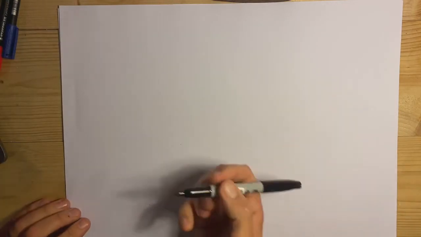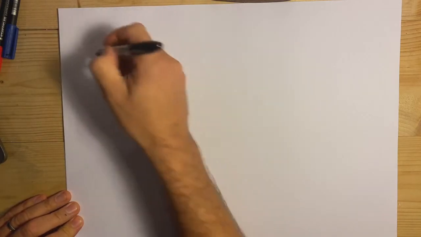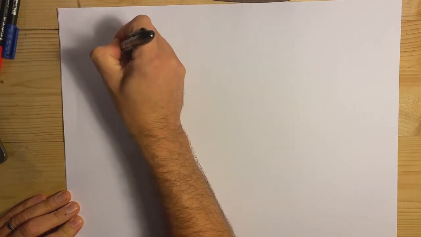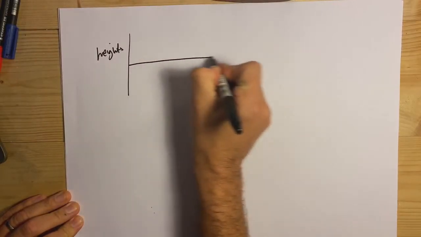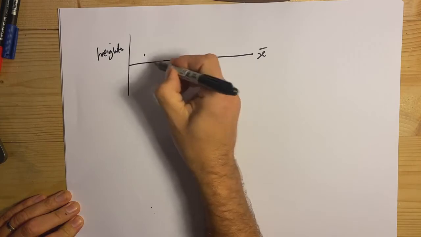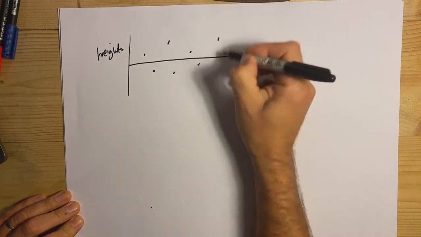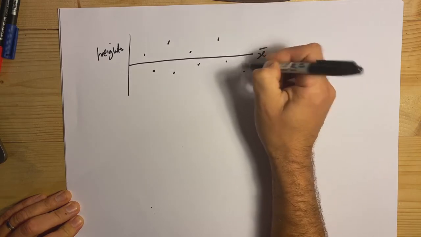Okay, well, what about symmetric data? Some terms I'm no doubt you're familiar with: the sample variance and sample standard deviation. So here, let's imagine we've got a range of heights, and x bar is our mean height, and our samples might be spread a little bit like this around the mean.